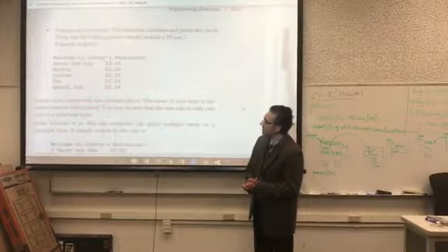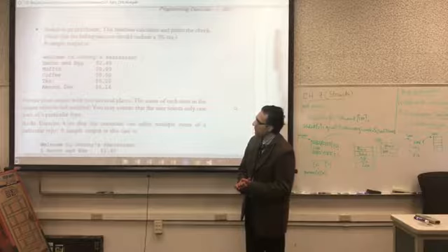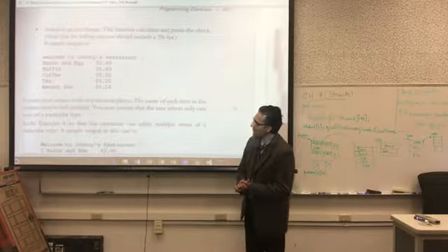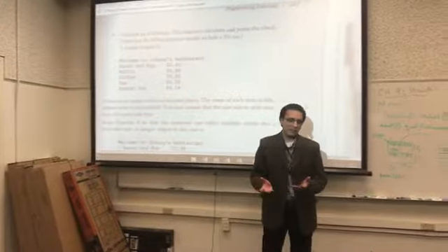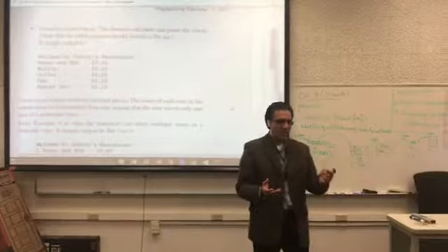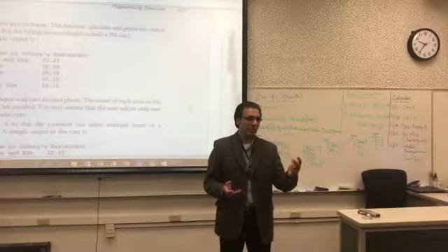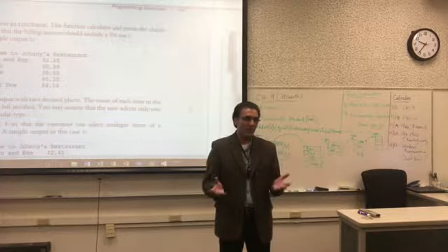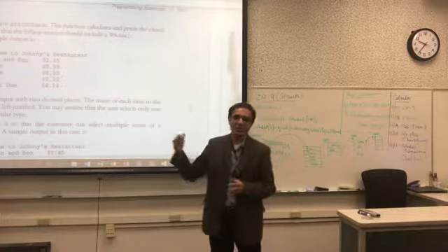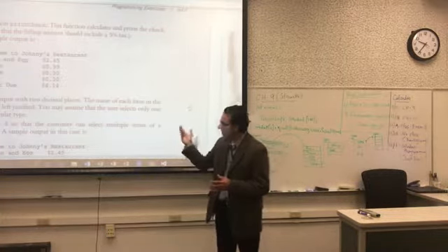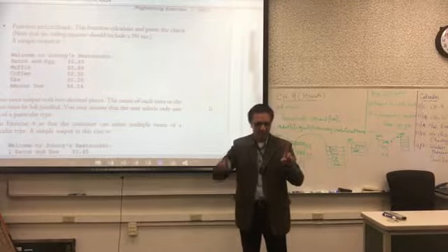The name of each item in the output must be left justified. You may assume the user selects only one item of a particular type, which means that I would actually make it flexible. If somebody says, I want tea, you can ask how many teas do you want, 1 or 2 or 3. You can give that option. But it will be a little bit more cumbersome. So here the author is telling you, assume the user only picks 1 tea and 1 fruit basket.